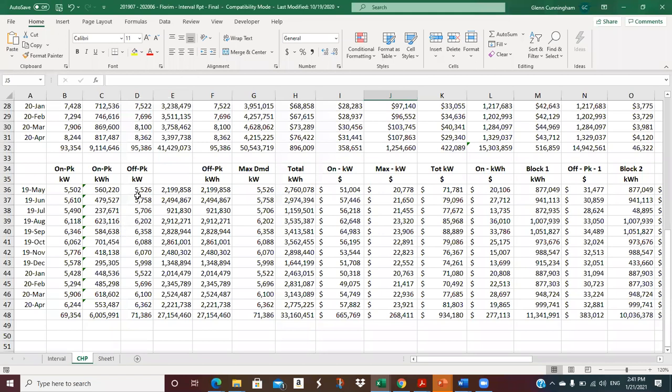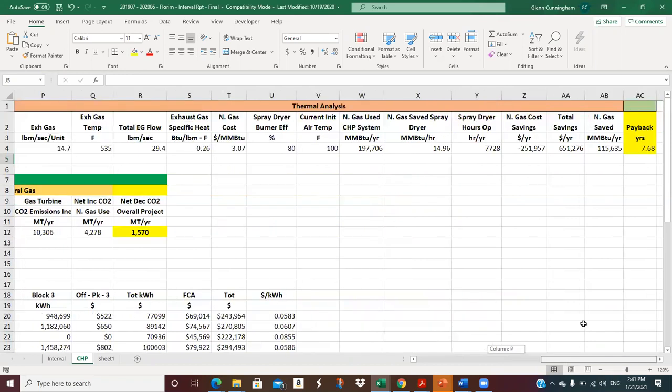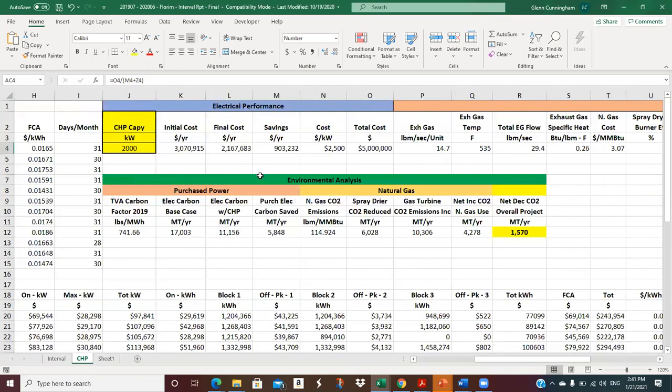And so you can see what their peaks are, off peak and on peak. Then you go back and look at the financing of it. It's still a 7-8 year payback, not just a great payback. But the other thing it did, it reduced their emissions.